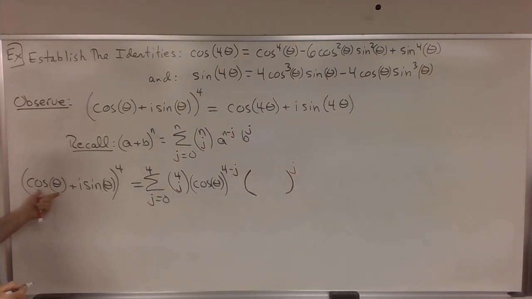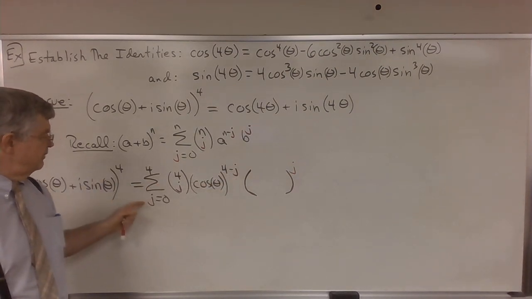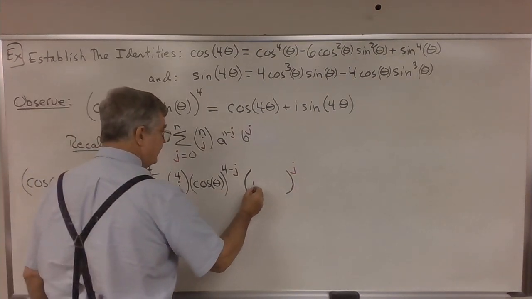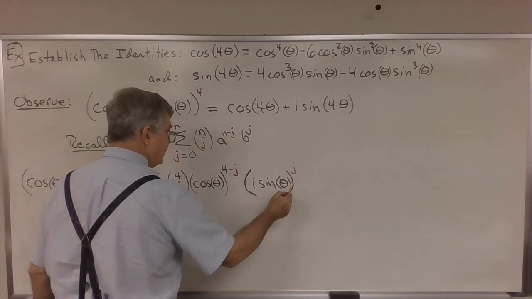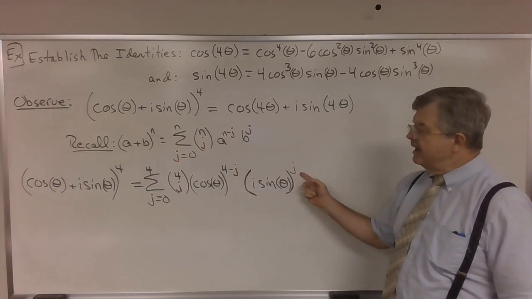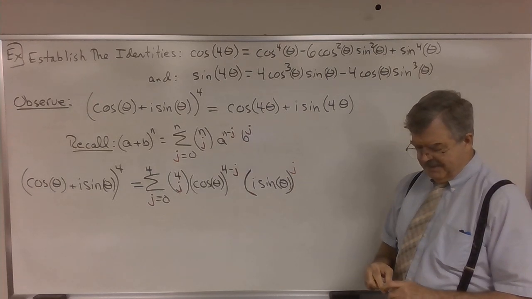So I have cosine of theta to the power of 4 minus j, where j is the index of my sum. And I have i, square root of -1, times sine theta, raised to the j power, where j is the index of my sum.